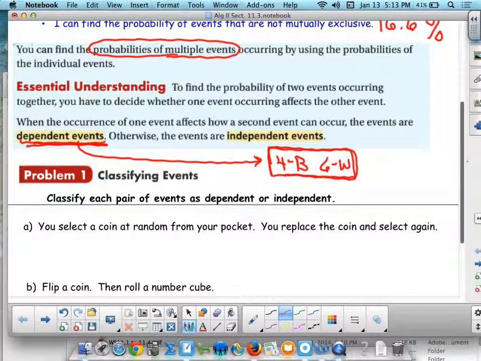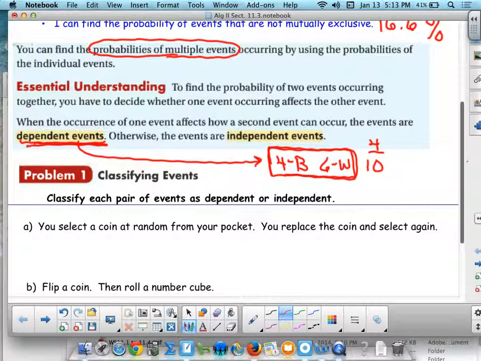If I asked you, what's the probability I pick a blue sock right now, you would tell me 4 blue socks out of a total of 10 socks in my drawer, since 4 plus 6 is 10. So my chance of picking a blue sock is 4 out of 10.